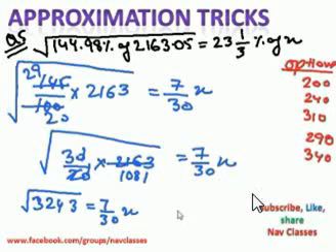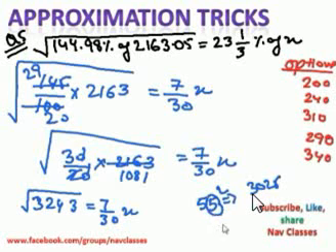Okay, if we see that 55 square is 3025, it means 3243 will come in 56 square. If we approximate it, we will get that in 56 square. How did we get this? There is a trick for the square of any number with 5 at the end.